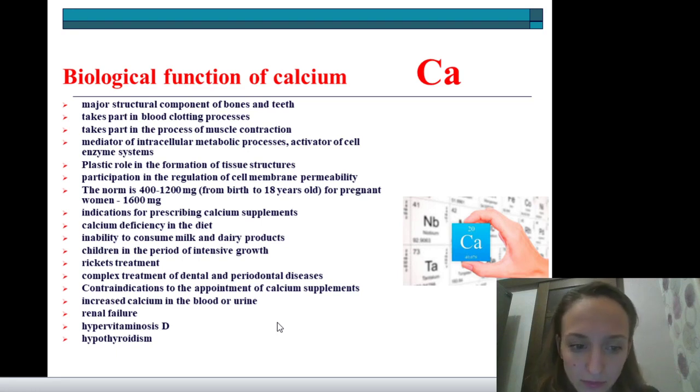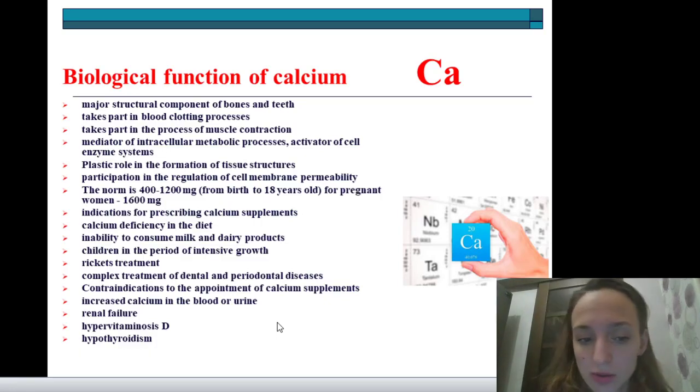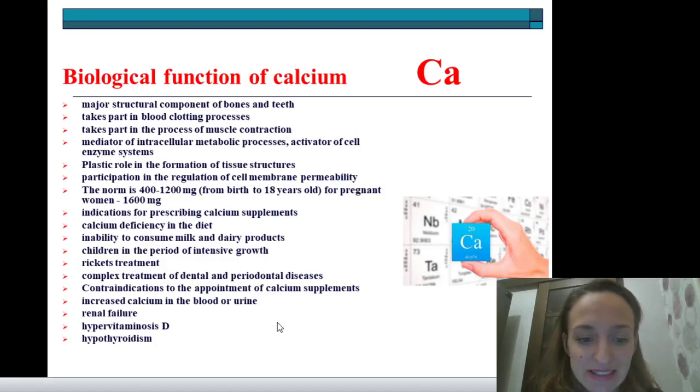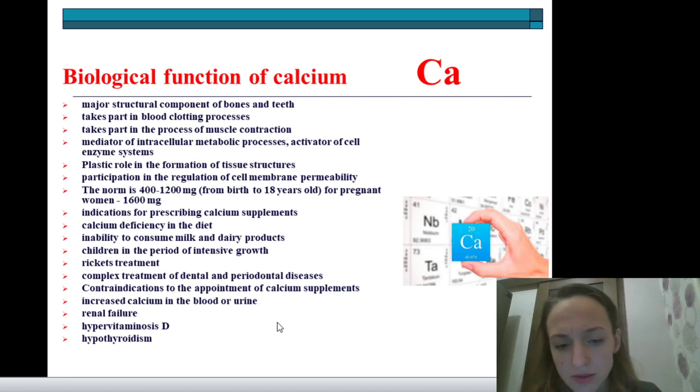The norm is 400 to 1200 milligrams, and for pregnant women it is 1600 milligrams. Indications for prescribing calcium supplements: children in the period of intensive growth, also rickets treatment, complex treatment of dental and periodontal diseases.